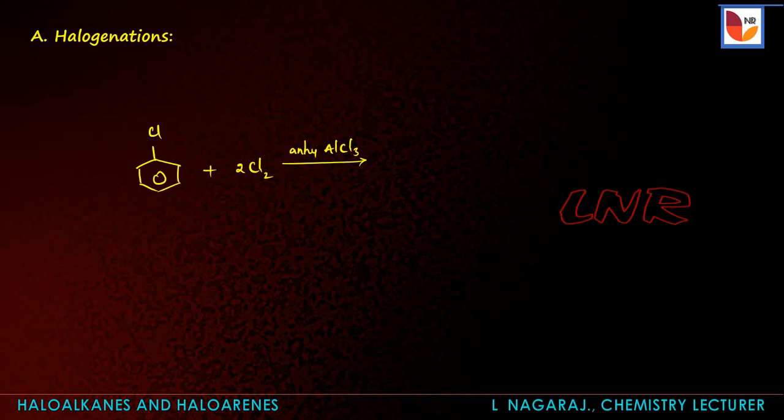So here the electrophile generated is Cl plus, that is, chlorine combines with the AlCl3, so it gives the products Cl plus and AlCl4 minus. So here the electrophile is Cl plus.